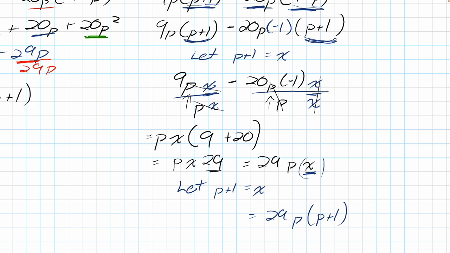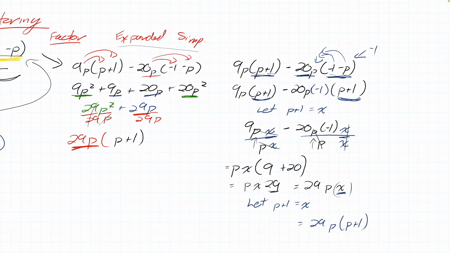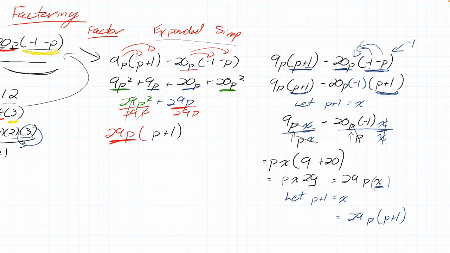Now, I will tell you that with this last version, you may go, why on earth did I do that? That looks like it's the longest. In terms of mental math, this is something I would have seen instantly. I can take my negative out, and then I can just common factor out this p plus 1. See how it came out as a common factor here? I could have written it in the front, and what would have been left was 9p minus 20.